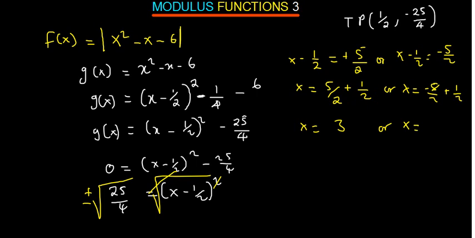Or x is going to be equal to negative 5 plus 1, which is negative 4, divided by 2, negative 2. So these are the x-intercepts. This happens when y is 0. So I've got (3, 0) and (negative 2, 0).